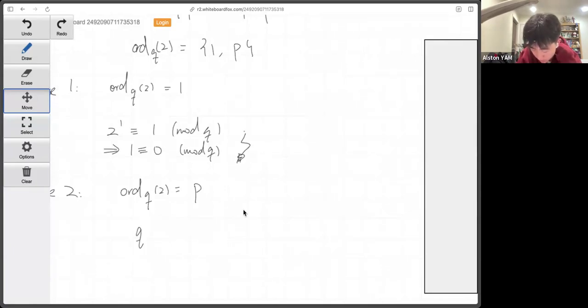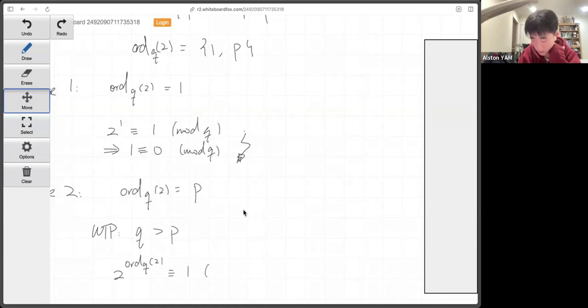We want to prove that q is larger than p. So 2 to the order is congruent to 1 under mod q. And 2 to the q minus 1 is congruent to 1 mod q.